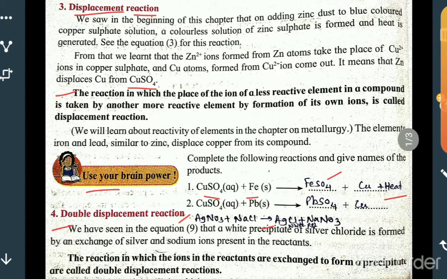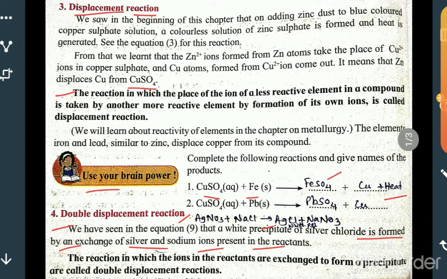That white precipitate of silver chloride, AgCl, is formed by an exchange of silver and sodium ions present in the reactants. See what the definition of double displacement reaction is given here. The reaction in which the ions in the reactants are exchanged to form a precipitate is called a double displacement reaction. This definition is very important.